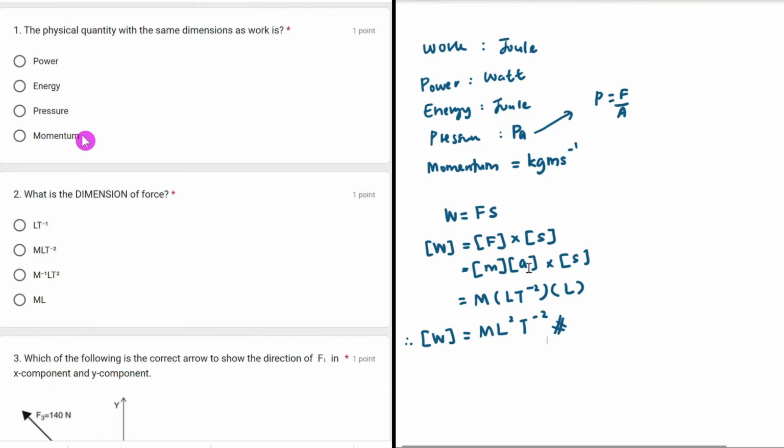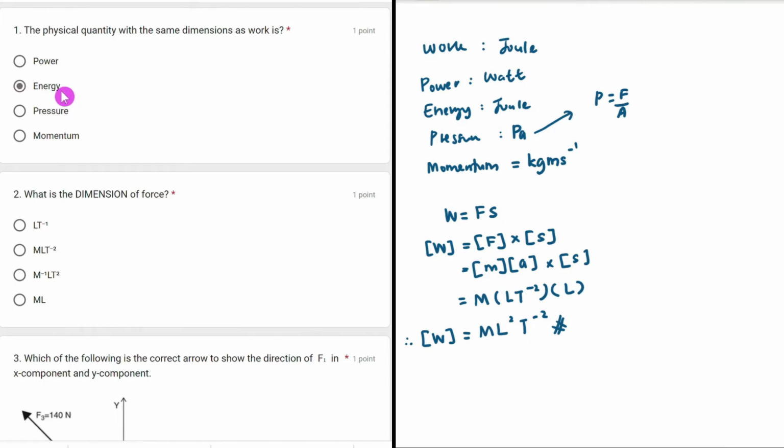So this is dimension of work. Alright, tapi untuk soalan ini kita tak perlulah kira ataupun cari dimension untuk setiap ini, nanti lambat. Okay, kita tengok saja pada unit of work iaitu joule and unit of energy also joule. So the answer is B, second one.